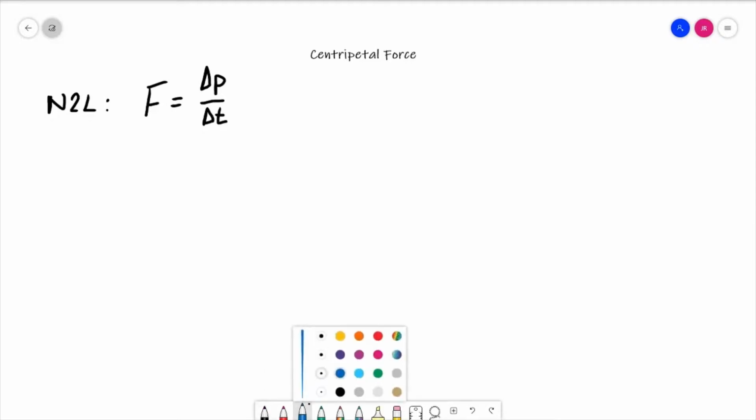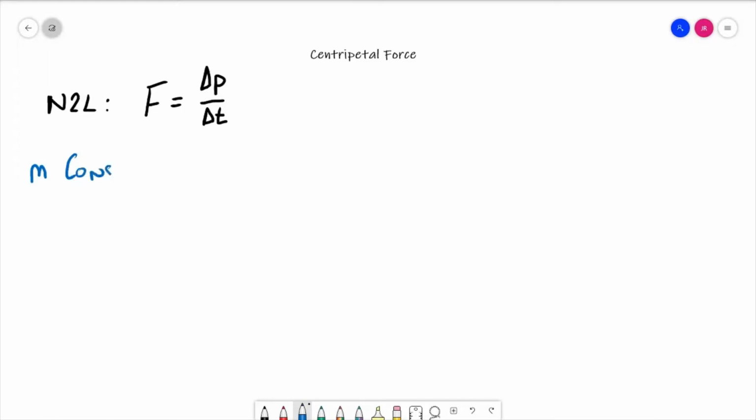If we make one assumption, that mass is constant, we can then replace Newton's second law with the GCSE version of F is equal to m times a. Here the acceleration can be termed as the centripetal acceleration, and therefore F will give us our centripetal force.